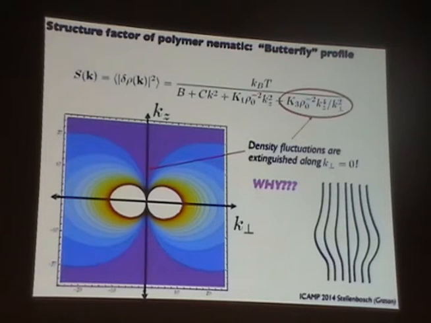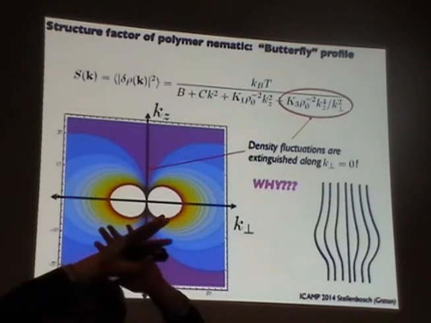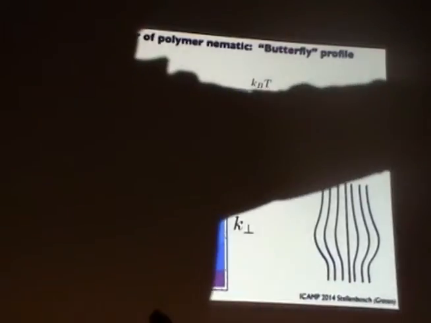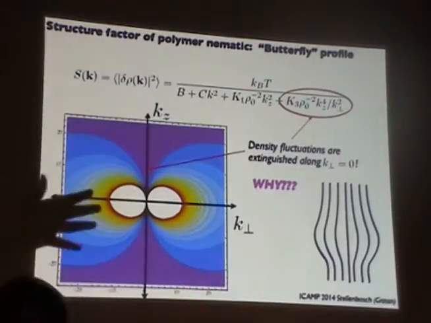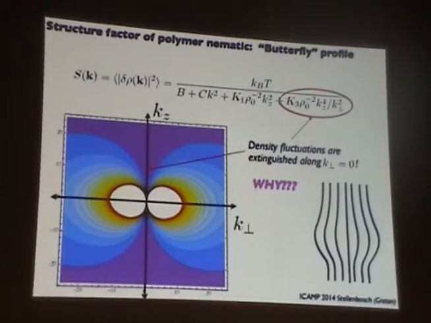The previous picture said there's an important coupling between splay and density that made splay expensive, uniform splay deformations infinitely expensive in the long chain limit. All of a sudden now there's this apparent penalty that corresponds to the bending stiffness of your nematic that is prohibiting these fluctuations. So why does this cost so much bending?